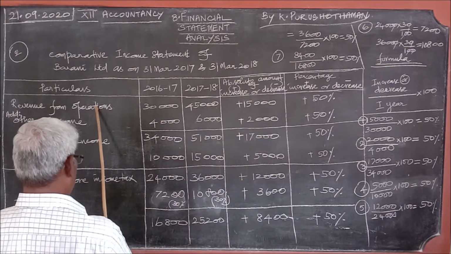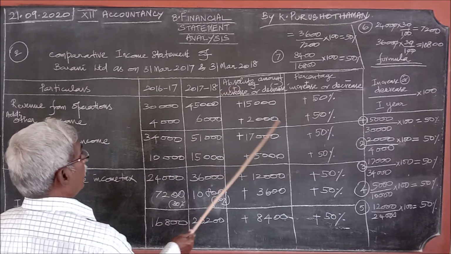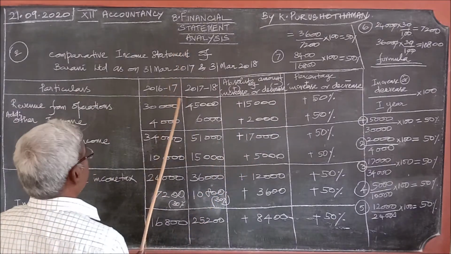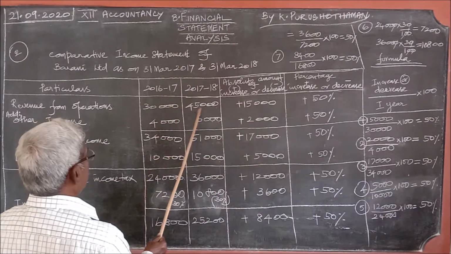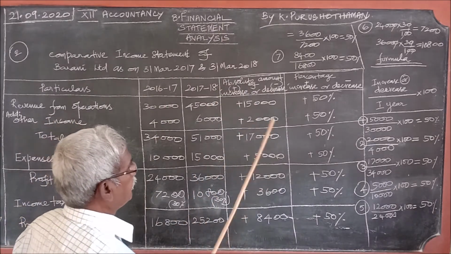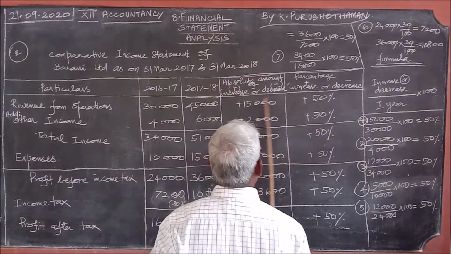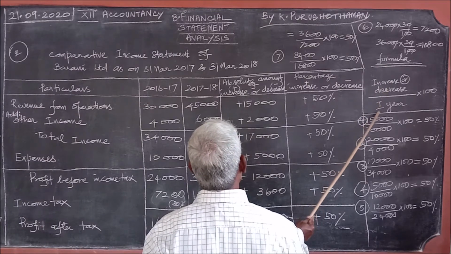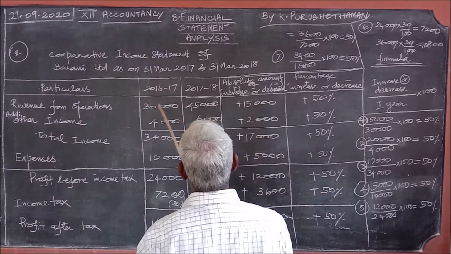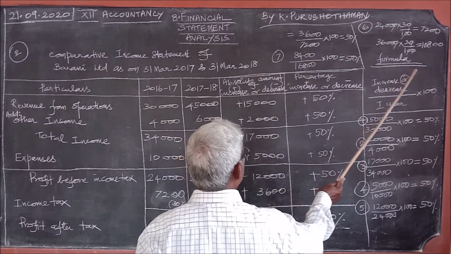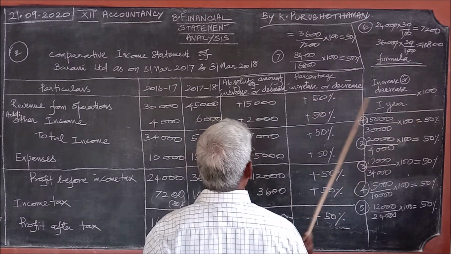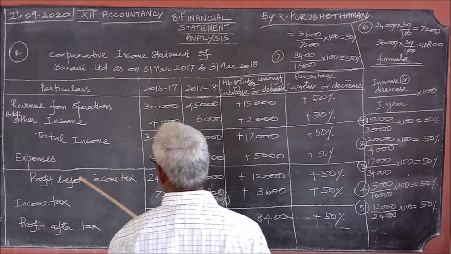Likewise, the first item, how much is the increase? 15,000. Therefore, 15,000 increase by first year 30,000 into 100 gives 50%.